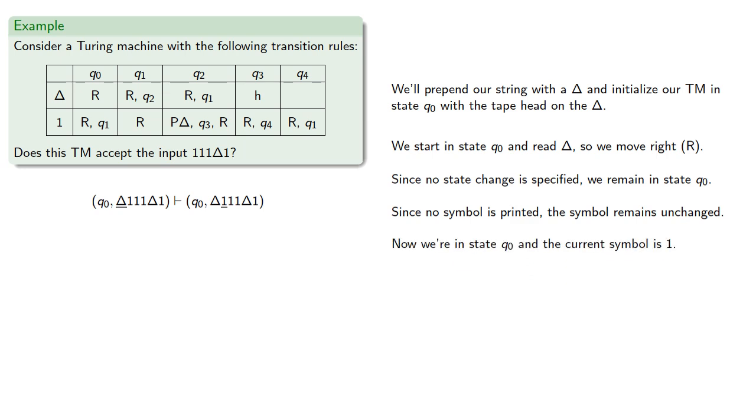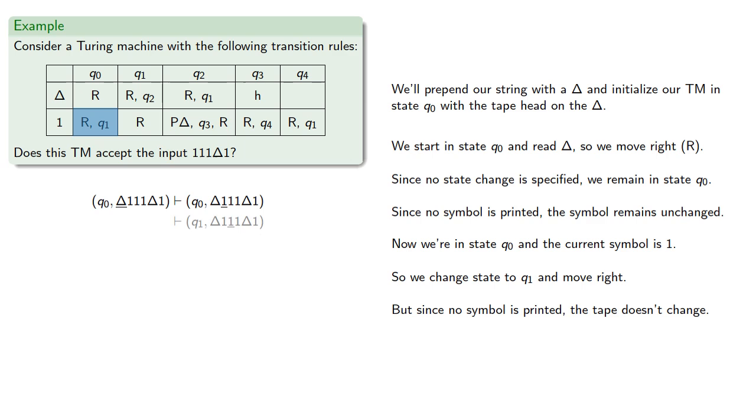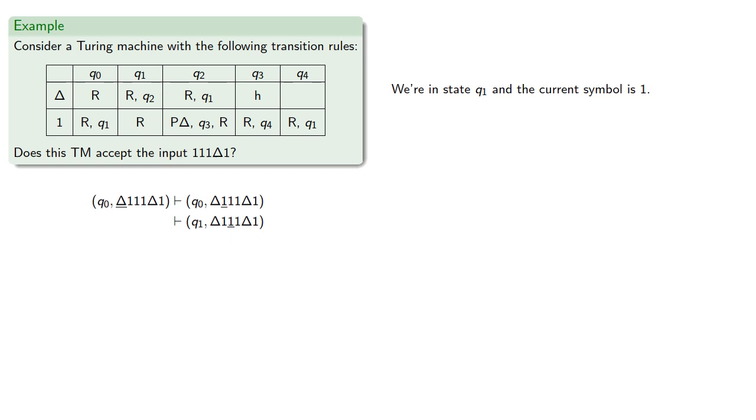Now we're in state Q0, and the current symbol is 1. So we change state to Q1 and move right, but again, since no symbol is printed, the tape doesn't change. We're in state Q1, and the current symbol is 1. We move right, don't change the state, and don't change the symbol.